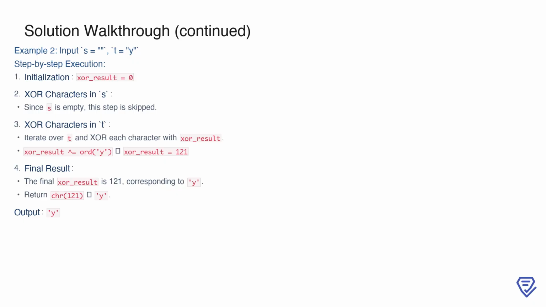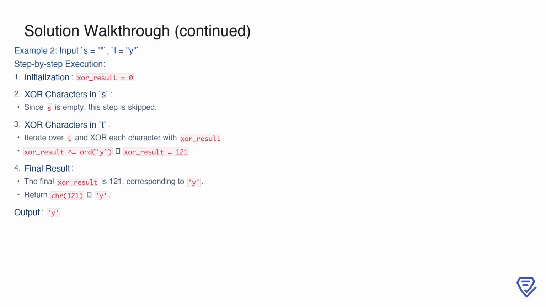Let's look at another example where s is an empty string, and t contains a single character, y. As before, we initialize XOR_result to 0. Since s is empty, there are no characters to process in the first step. We then move directly to the string t and XOR its sole character, y, with XOR_result.